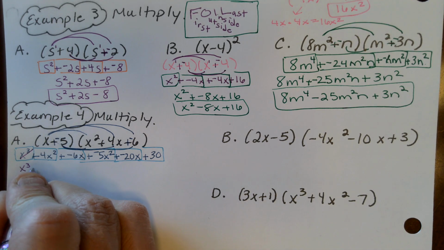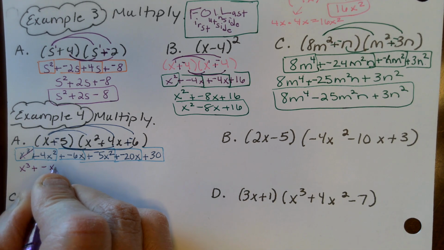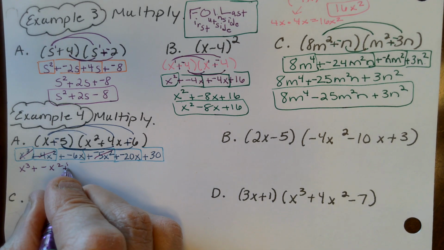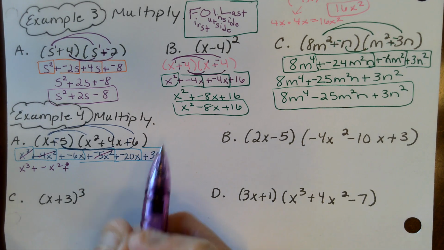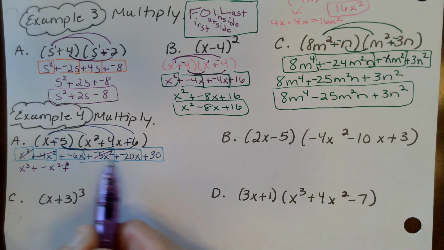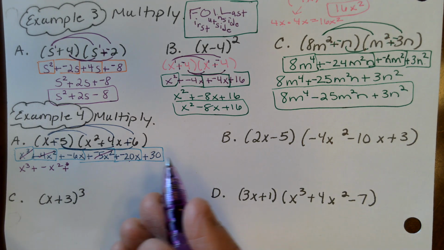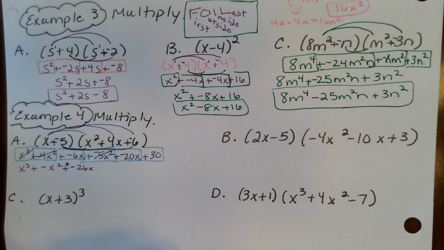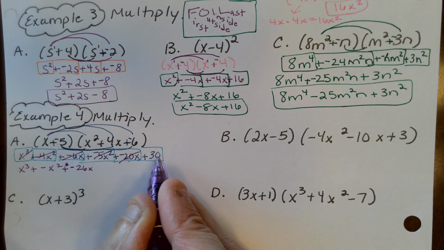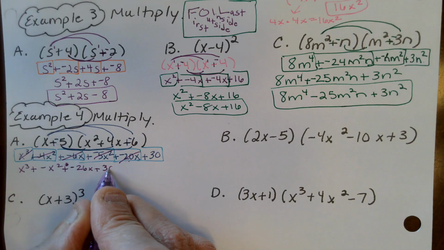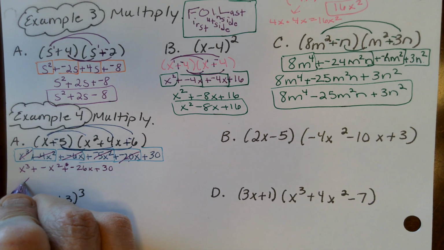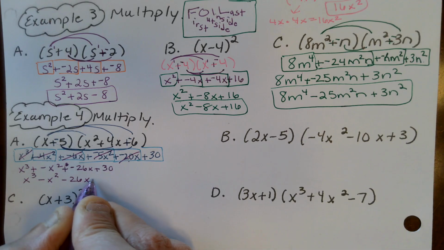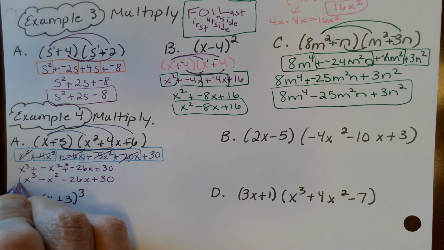The negatives win by 1. We got -6x and a -20x. They're on the same team, so we just combine them, and that's a -26x. And then the last term is a 30. So we have x cubed minus x squared minus 26x plus 30.